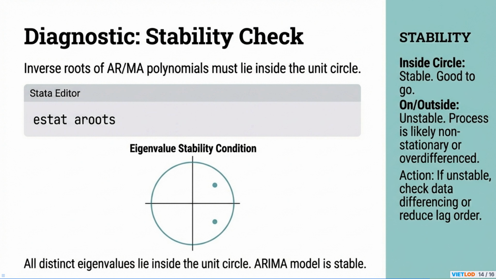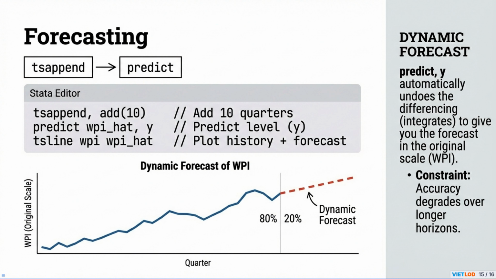After estimation, we must check for model stability. An ARIMA model is stable if the inverse roots of its AR and MA polynomials lie inside the unit circle. In Stata, the estat aroots command performs this check and provides a helpful visualization. If all the dots, eigenvalues, are inside the circle, the model is stable and satisfies the stability condition. This means that the effect of any shock will eventually die out.